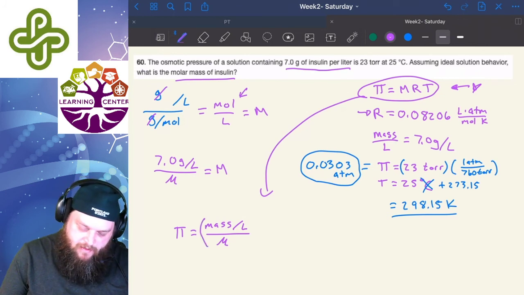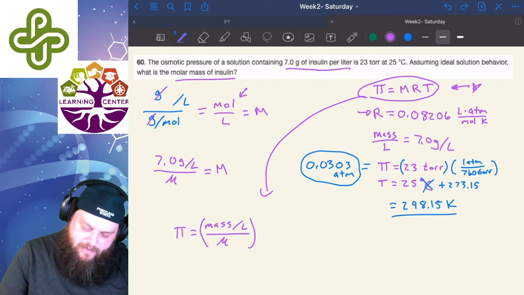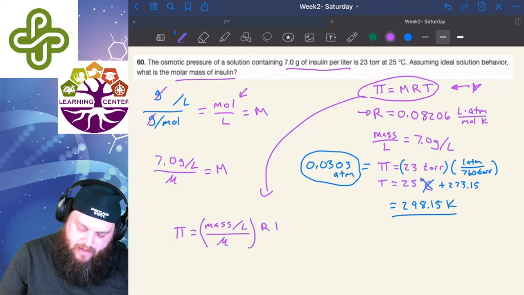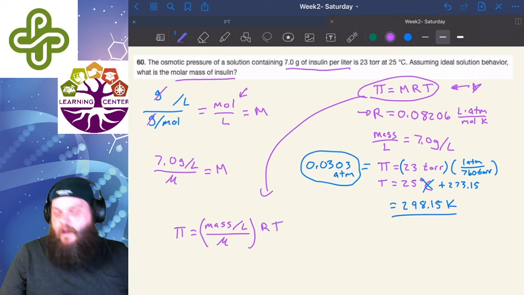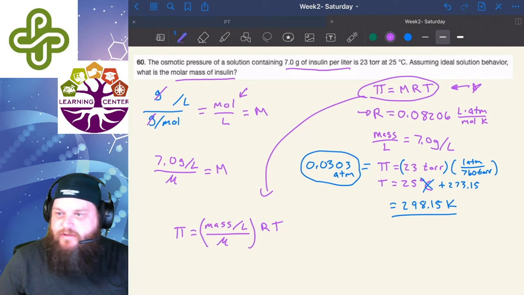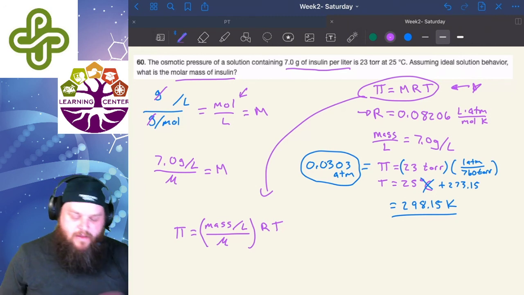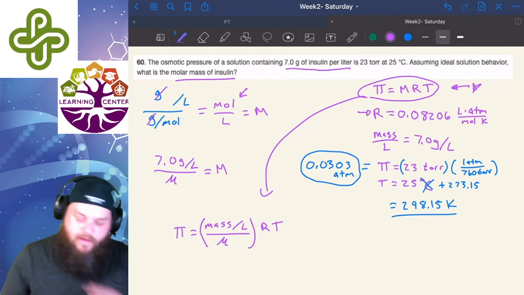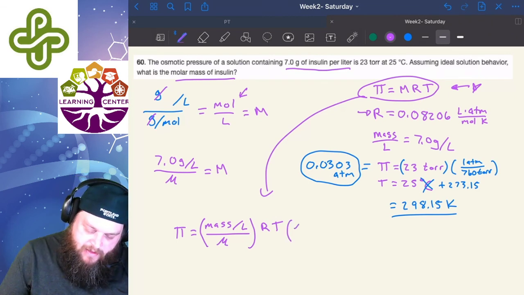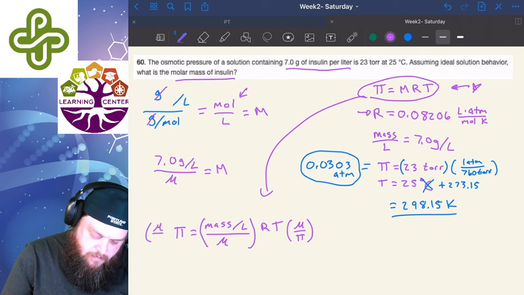So that's equal to molarity. I'm going to multiply that by an R constant and T. And now I can rearrange this equation to solve for my molar mass. The simple way is to switch that osmotic pressure and molar mass by multiplying each side by the molar mass divided by osmotic pressure.